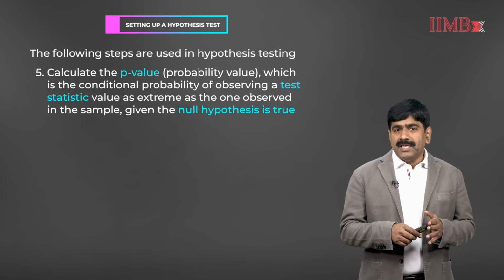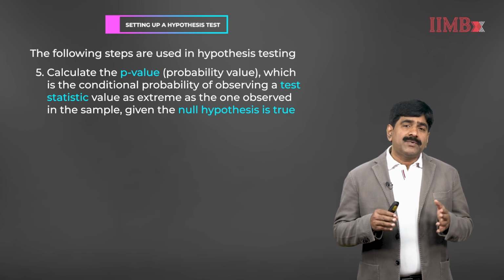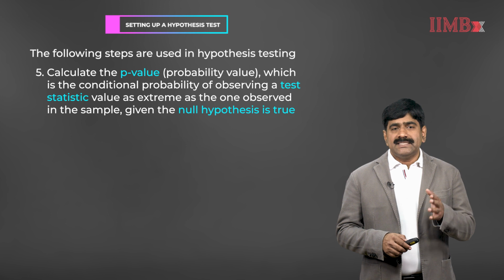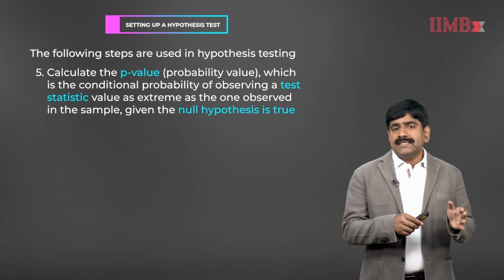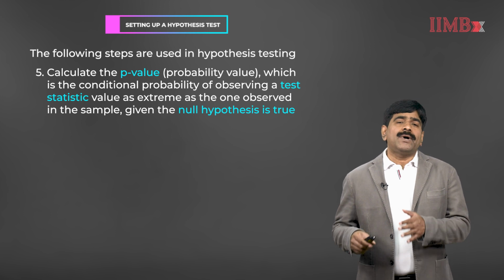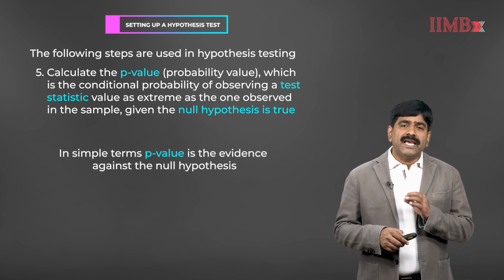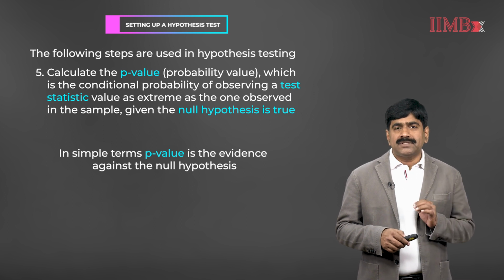The fifth step is to calculate the p-value or probability value, which is the conditional probability of observing a test statistic value as extreme as the one observed in the sample given the null hypothesis is true. In simple terms, p-value is the evidence against null hypothesis.